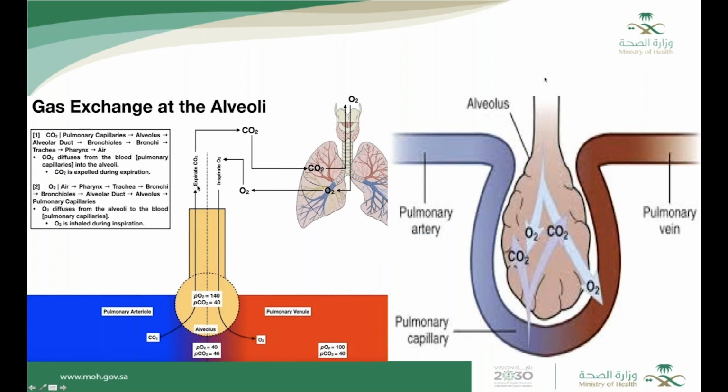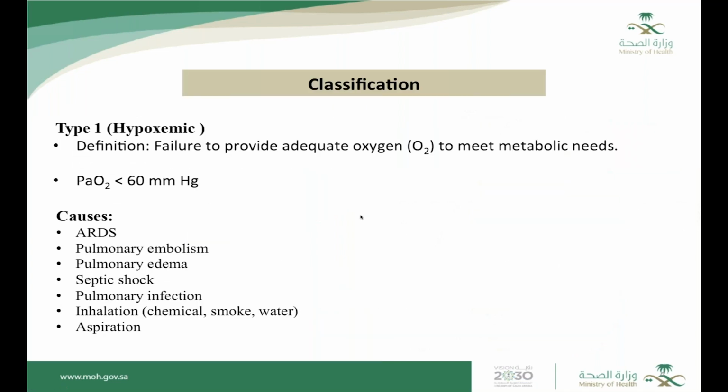So going back to this slide, the oxygen travels all the way down, reaches the alveoli, then diffuses to the pulmonary venules, then the oxygen will travel to our body, and here the CO2 comes out and leaves our body.